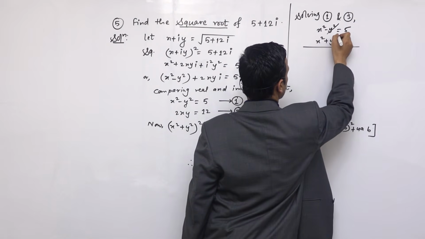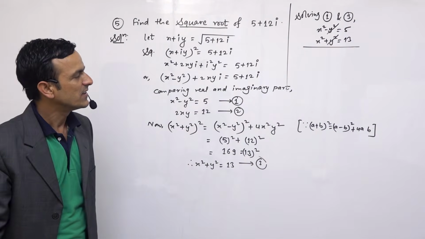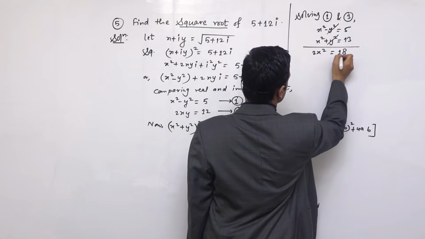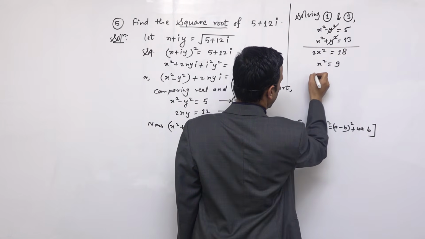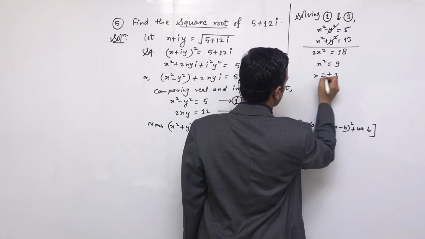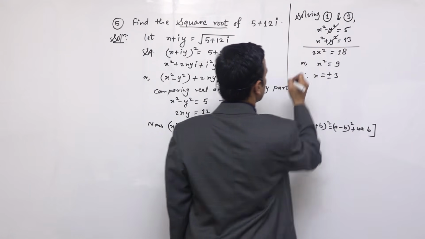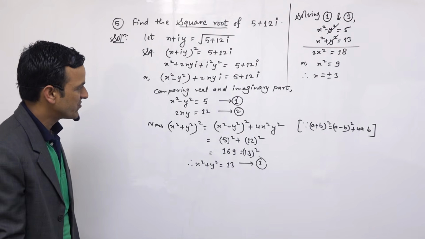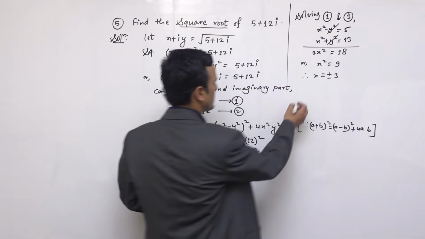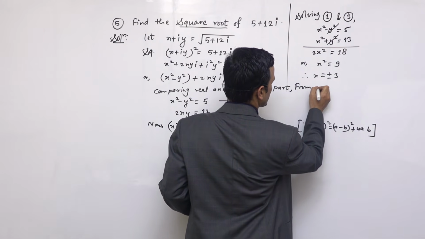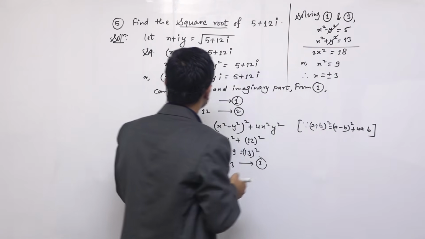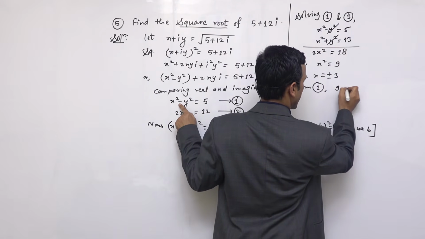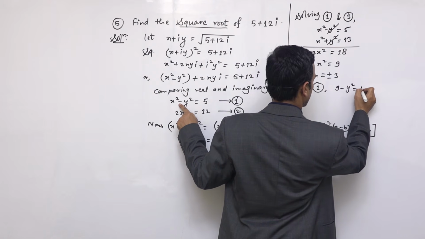If we add these, the y square terms cancel and we get 2x square is equal to 18, then x square is equal to 9, and then x is equal to plus minus 3. This is the value of x, plus minus 3. And when we put the value of x square in equation 1, we get 9 minus y square is equal to 5.